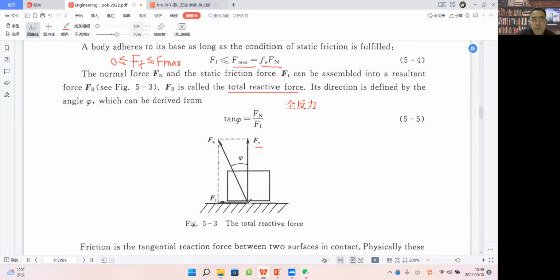So from the parallelogram theorem, to find the resultant force of two forces, we just need to draw a parallelogram. Actually, this is a rectangle. So we get this Fr. Actually, Fr equals this Fn plus Ff. It's very hard to write something on this screen.